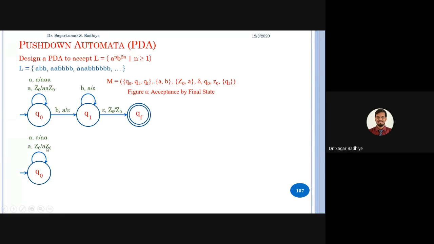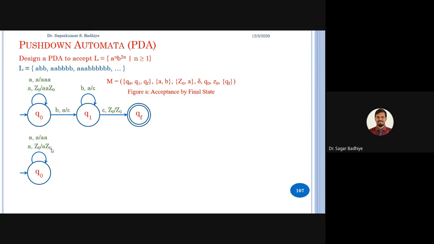For pushing, we add an additional symbol and write the same symbol, like if we want to push, I have written AZ0. But when I want to pop, I write Z0 oblique epsilon because I am popping that element. But when we want to traverse, we'll write Z0 oblique Z0 itself. That means we are neither pushing nor popping any element, we're keeping it as it is.